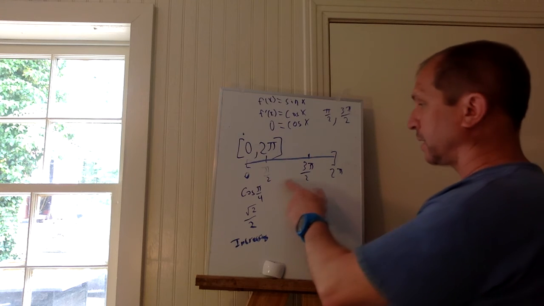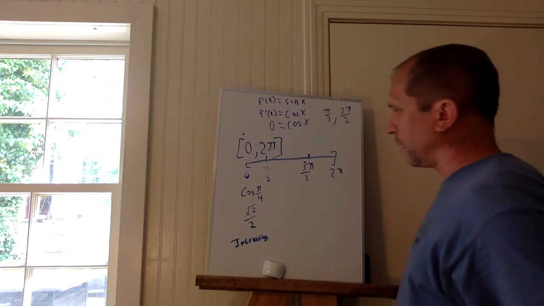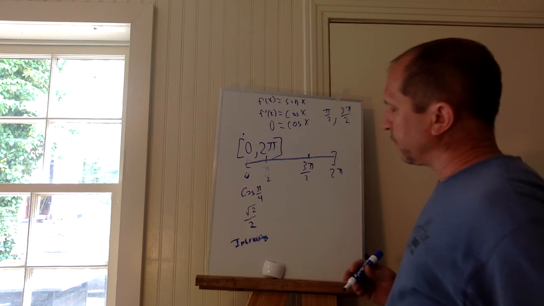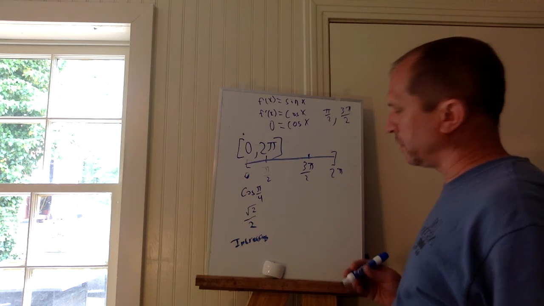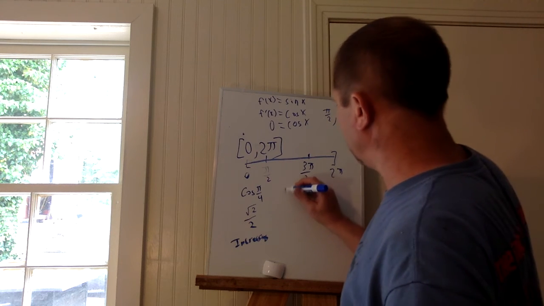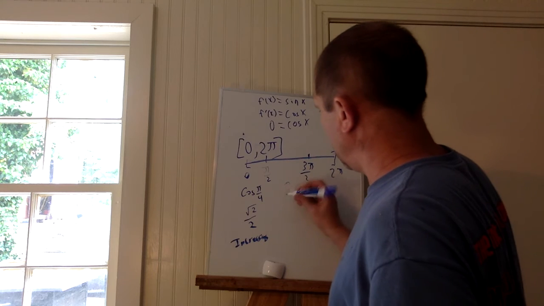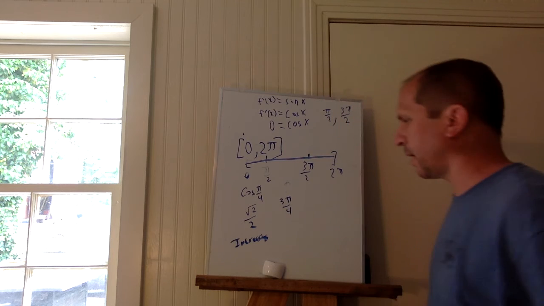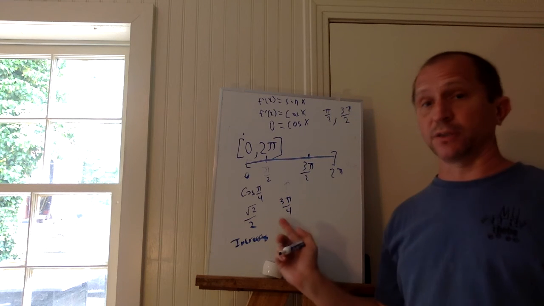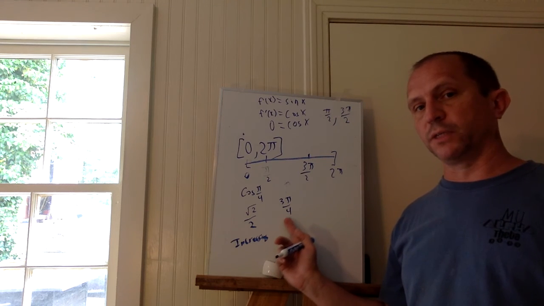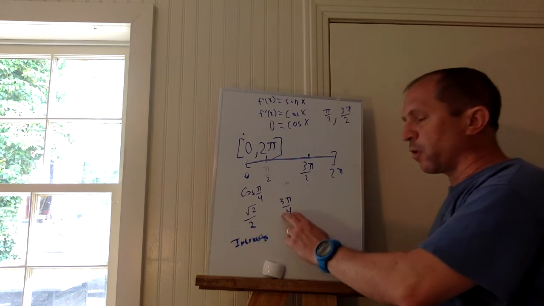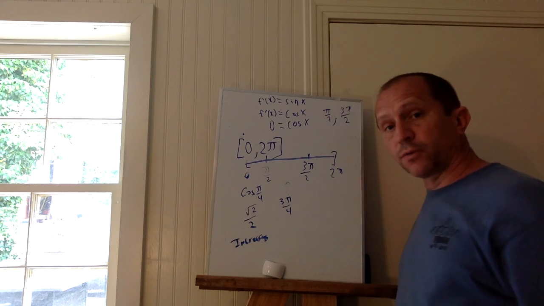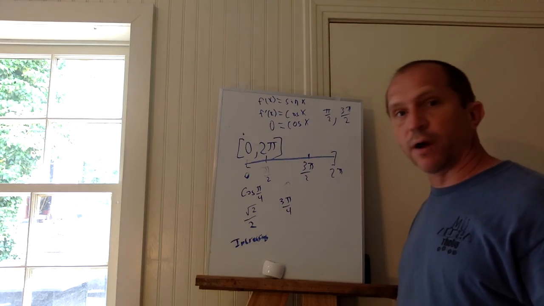All right, now let's go here and let's look at, I don't know, between pi over 2 and 3 pi over 2, let's just choose 3 pi over 4. Now, I'm not going to get the exact answer here for 3 pi over 4, but what I want you to think of is this. Think about what quadrant 3 pi over 4 would be in. 3 pi over 4 would be in the second quadrant.